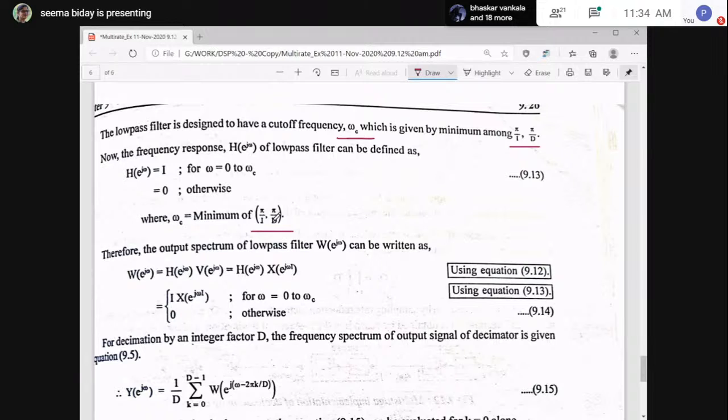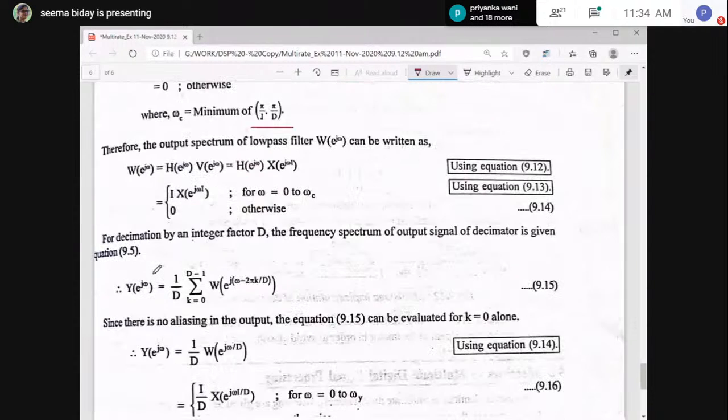That should be the cutoff frequency of the filter, which will solve the problem of anti-aliasing as well as anti-imaging.